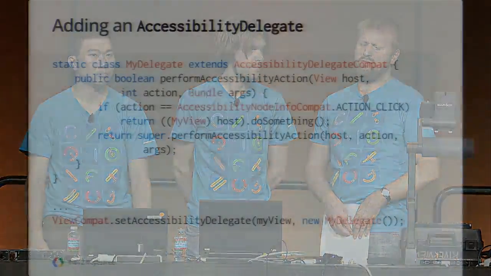That allows you to take care, externally from the view, of handling the accessibility actions and other calls that are related to accessibility. And in this last code example, we are doing that to take care of the on-click call ourselves and call our internal function, and that will fix the problem we had on the previous slides.